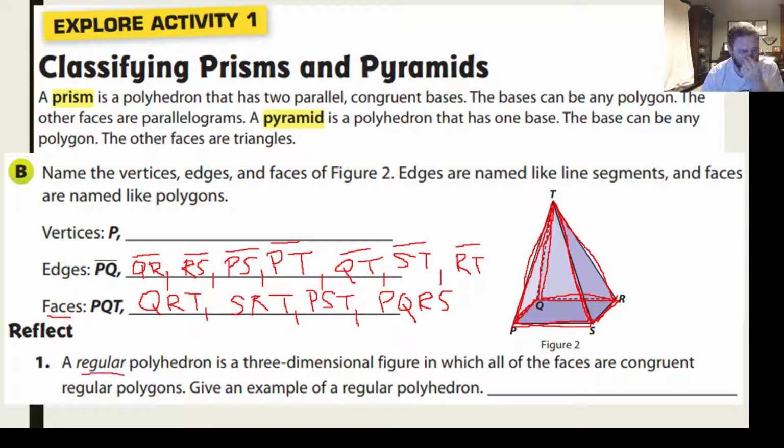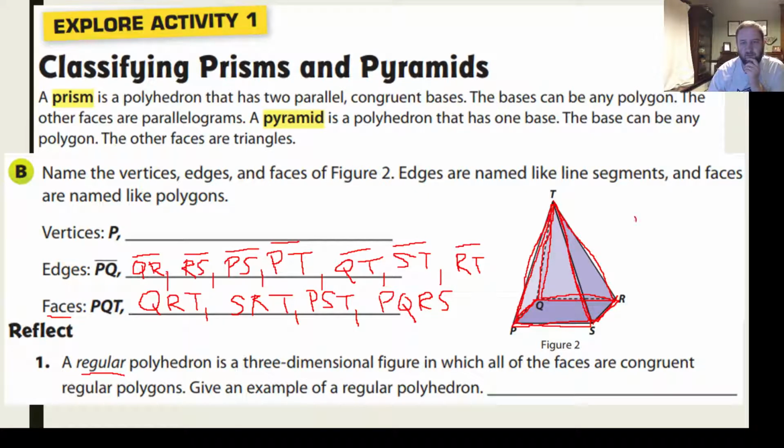Okay, a regular polyhedron is a 3-dimensional figure in which all the faces are congruent regular polygons. Give an example of a regular polygon. Okay, so all the faces of a regular polyhedron are congruent. What do you think an example would be of a 3D shape where all the faces are congruent figures?